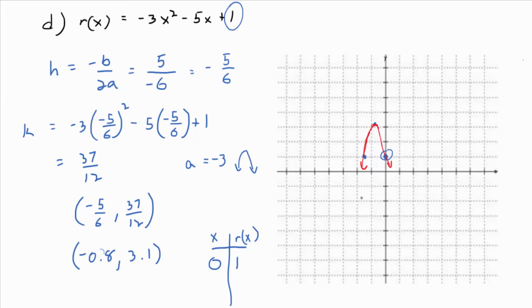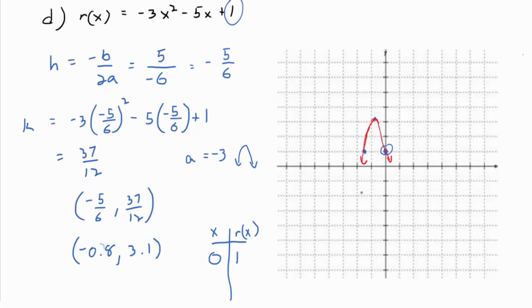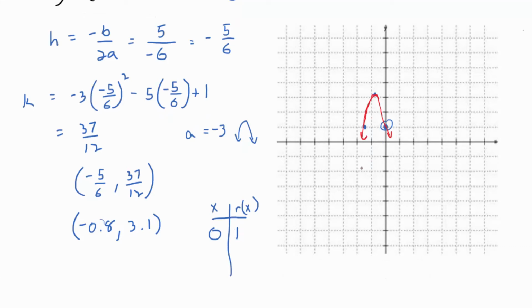Except to say, if you want to write this thing in vertex form, you can do that because you know the vertex. You got it using the vertex formula. So the generic vertex form for r of x in this case is a times x minus h quantity squared plus k. So all you have to do is fill in a, h, and k.